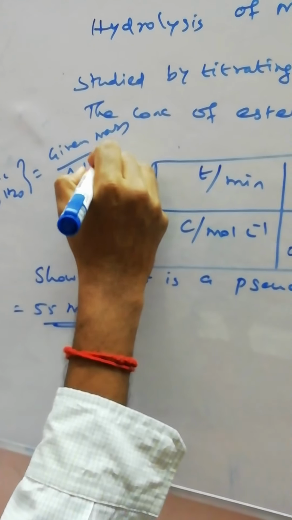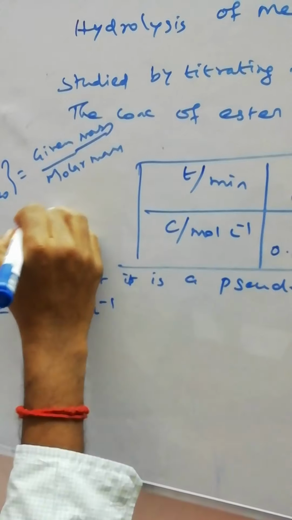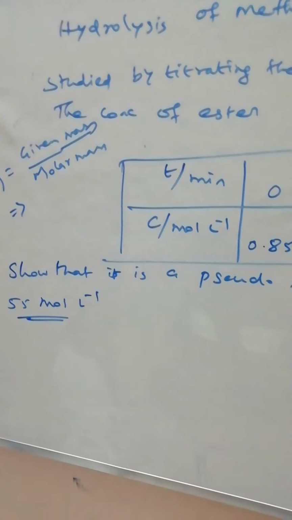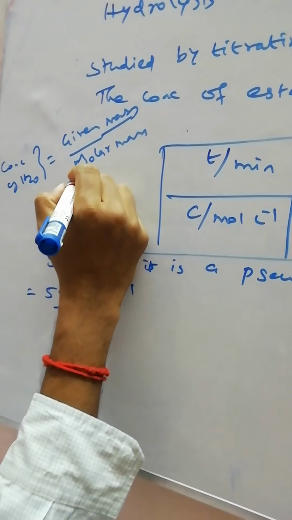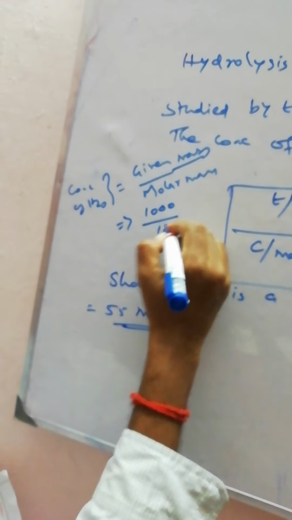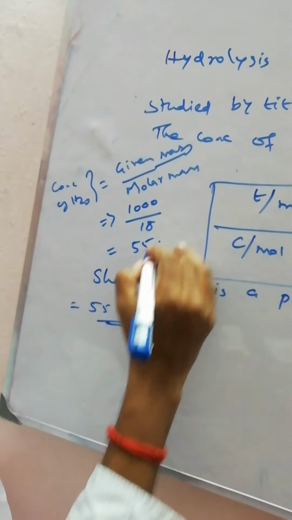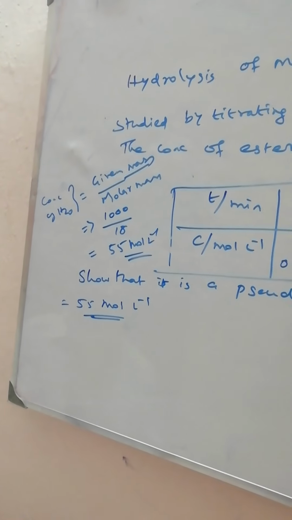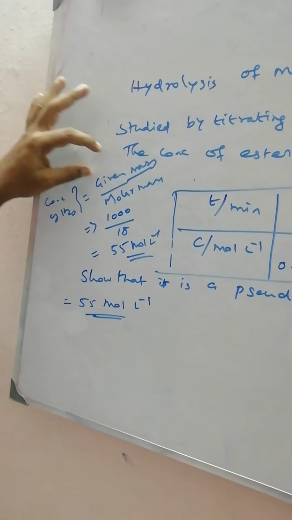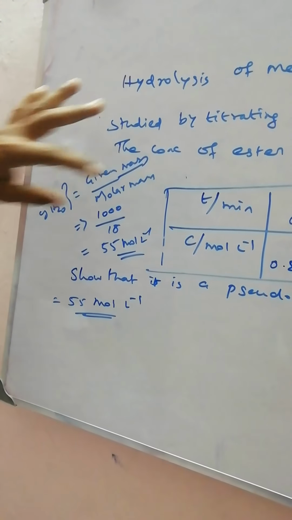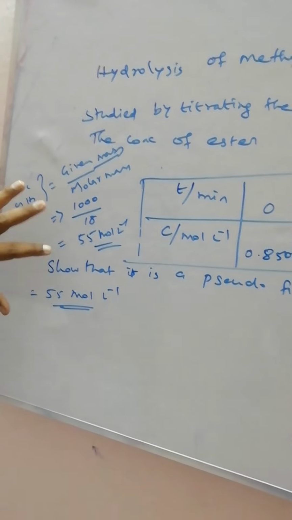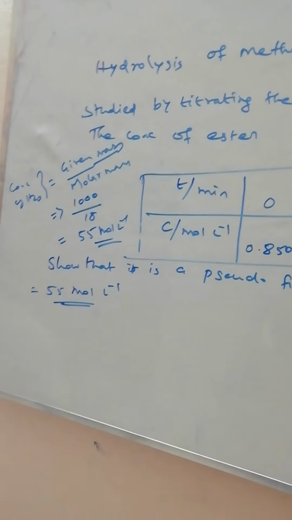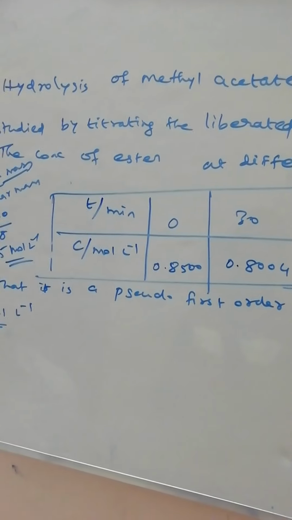Water is always in molarity terms. Water will dissolve in 1 liter, so 1000 by 18 is equal to 55. Given mass, we take 1 liter of water, and the molar mass of water is 18, so in this way we get 55 moles per liter.